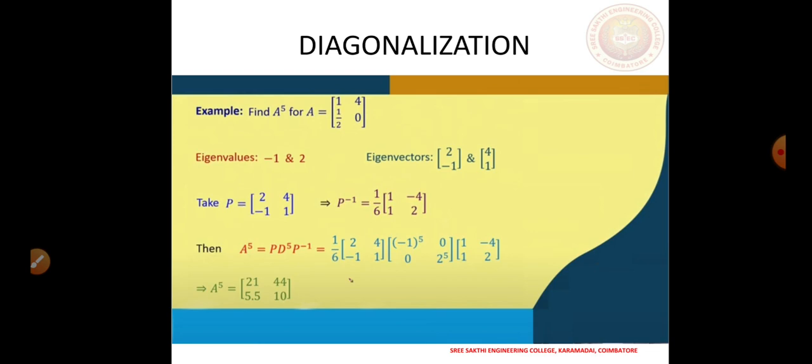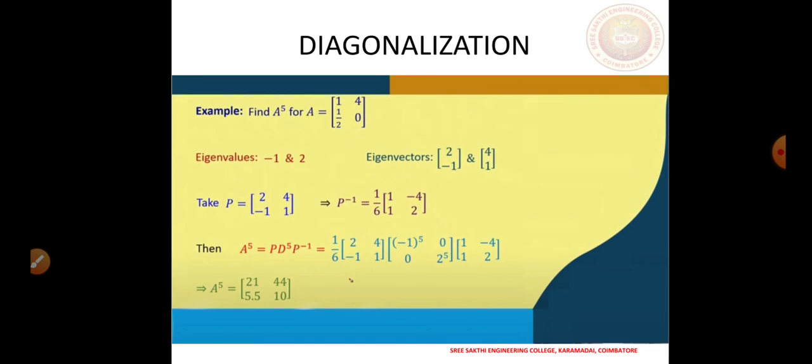In this case the eigenvalues are minus 1 and 2. The eigenvector corresponding to minus 1 is (2, -1), and corresponding to 2 it is (4, 1). So the first column of P is 2, minus 1, and the second column is 4, 1.